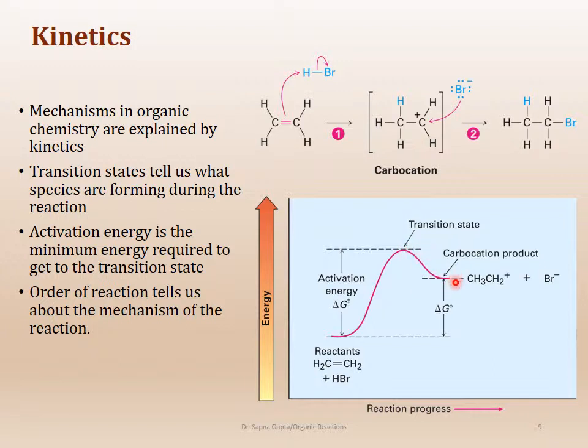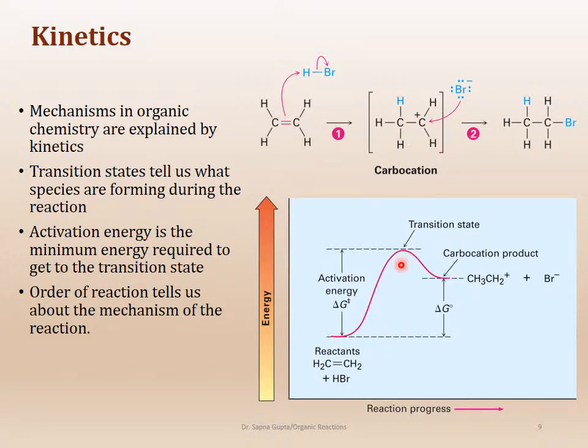And this is only part of the product. We're still not quite at the product yet. To get to the transition state, you need a minimum amount of energy, which is called the activation energy. And the transition state is, of course, very high in energy, much higher than the reactants or the products, or any intermediates that are formed.